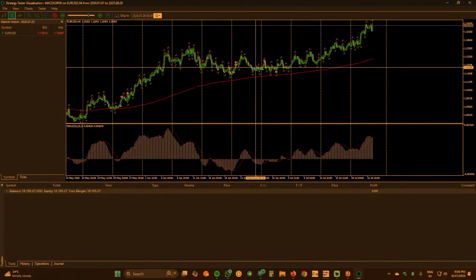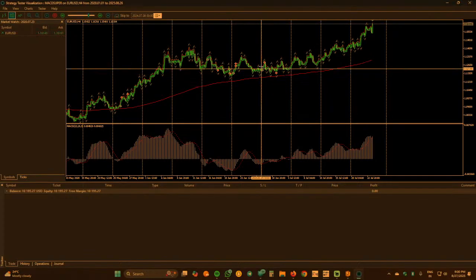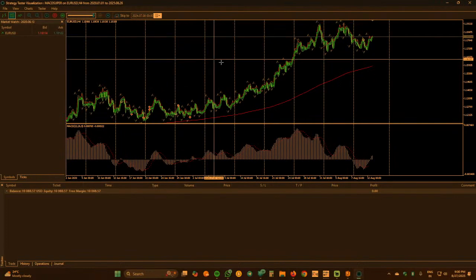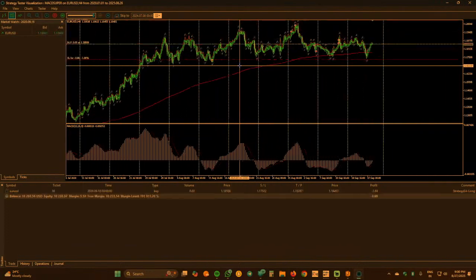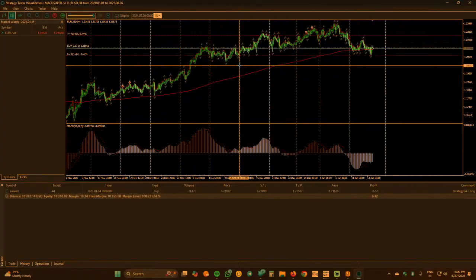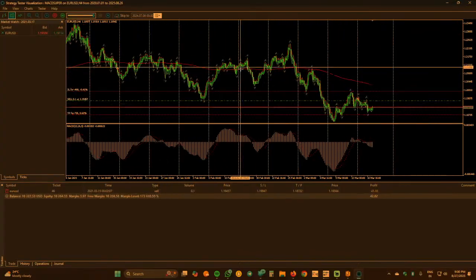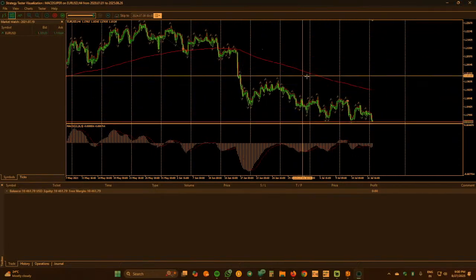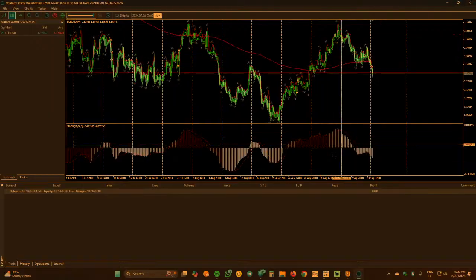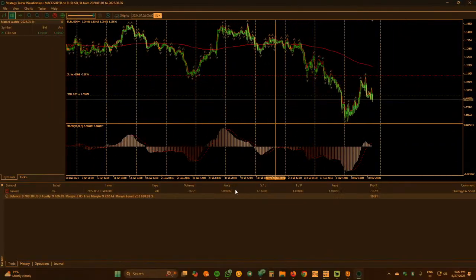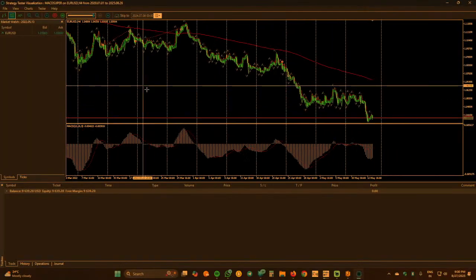Is the trade taking properly? Yeah, it must be. So we are running on the 4-hour time frame. It is still a break-even product.